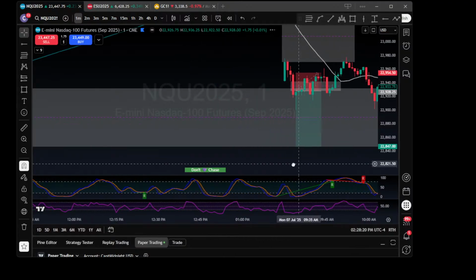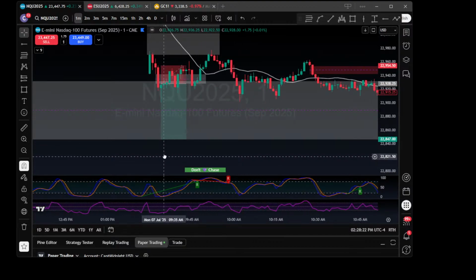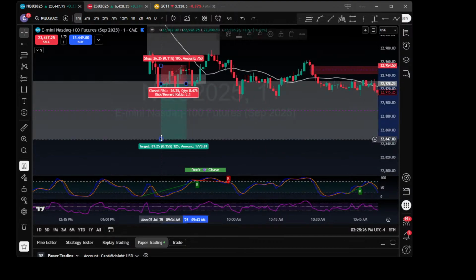Finally did go down, but look at that. It would have been stopped out. This went right into chop. Put no trade on this one. Stuck between two gaps.